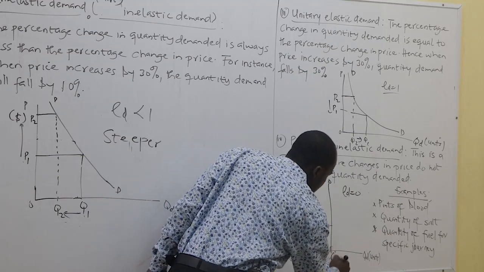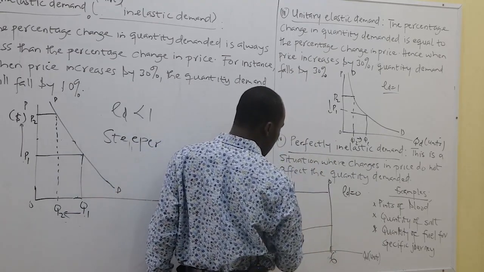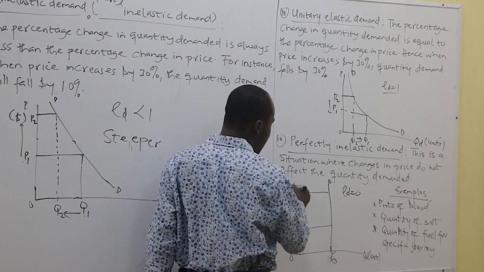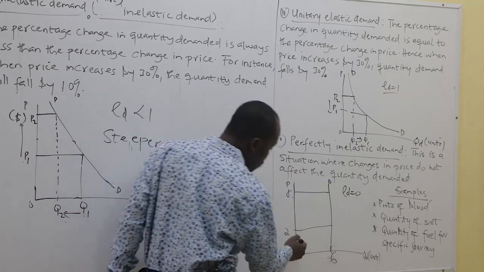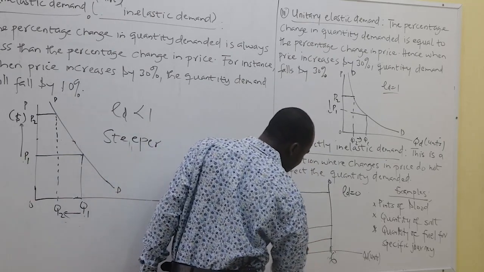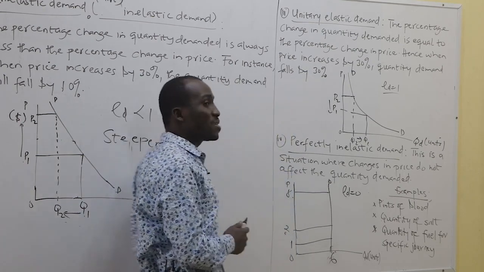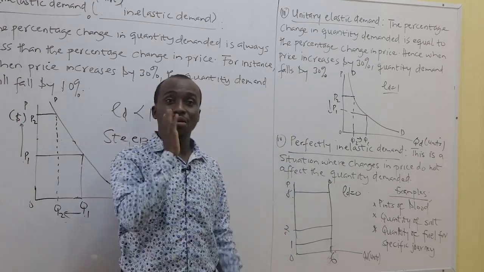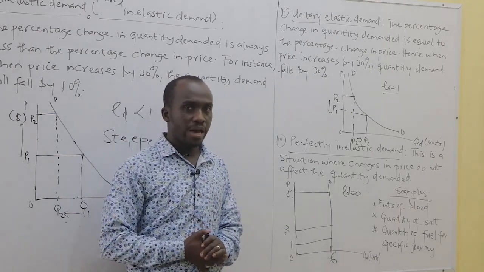If it's 6, it's still 6. The price increased from, let's say, 2 to 8. Still demand is fixed, it's 6. The price reduced to 1, still demand is fixed. So whether price increases or decreases, people's demand for that product is the same. It remains fixed.